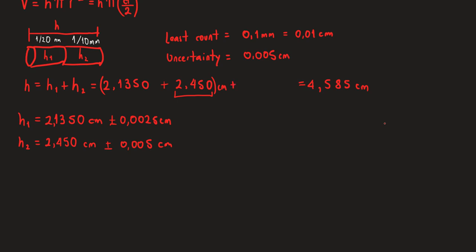So what we need to do here is, let's put the uncertainty of h1 plus delta h2, because I don't want to write all these kind of things, but you understood, guys. So I need to sum this.